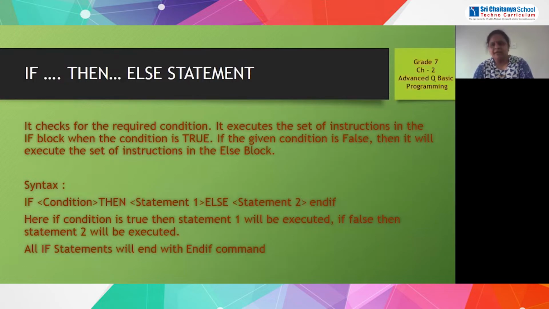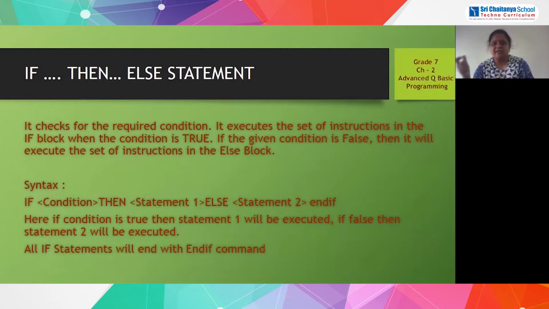What will happen in if-then-else? If the condition is true, then a set of statements is executed. If it is false, that is else, then some other set of statements will be executed. I hope it is clear. I'll repeat once again.